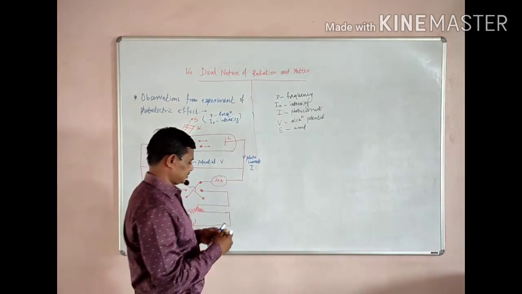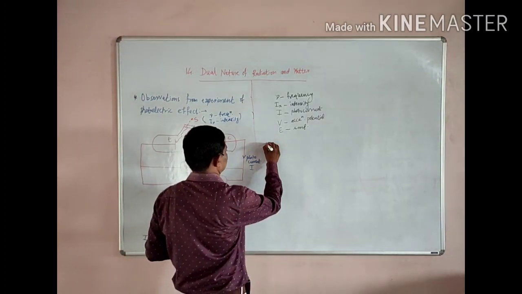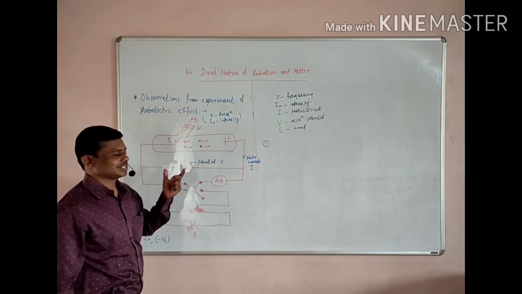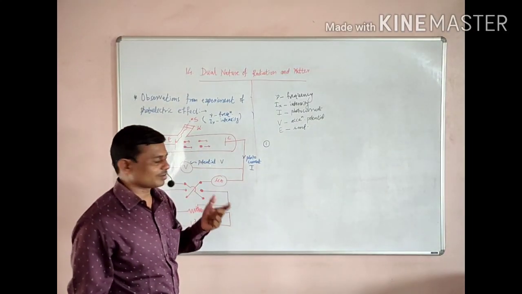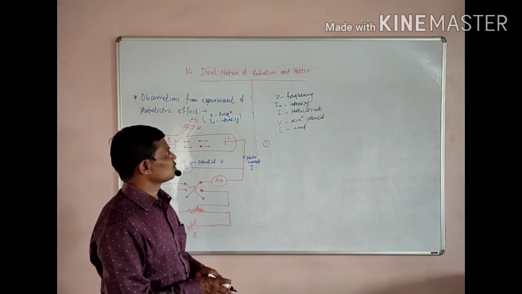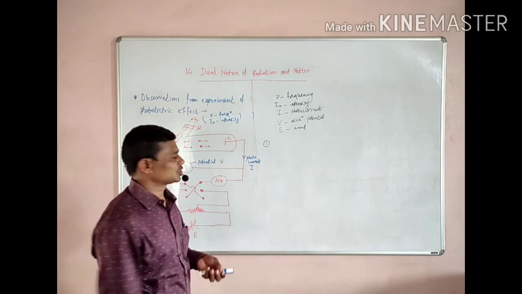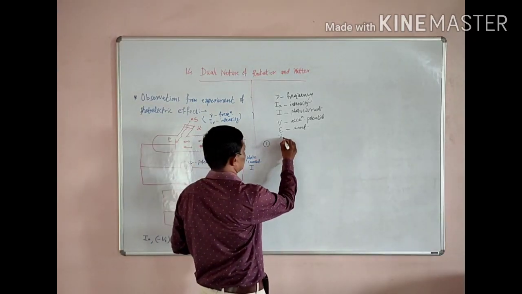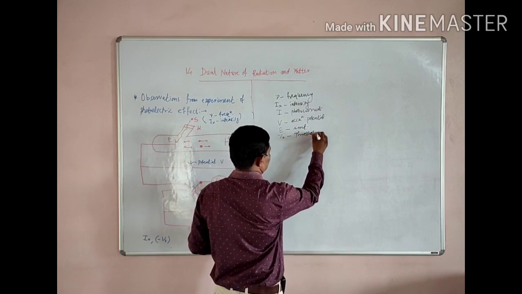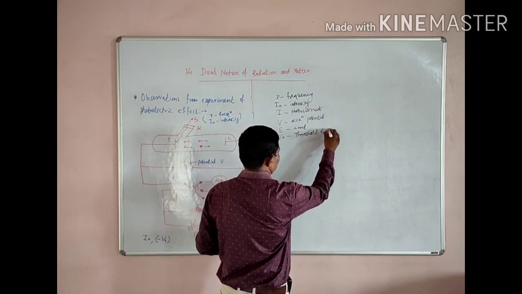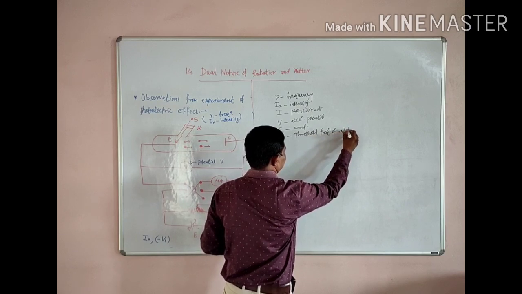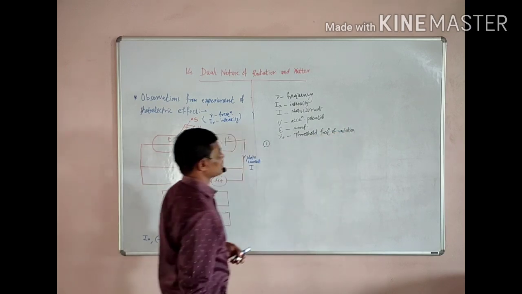We know that the photoelectric effect will be observed at an appropriate frequency, that means a suitable frequency of incident radiation. This is known as the threshold frequency, nu 0, the threshold frequency of radiation.